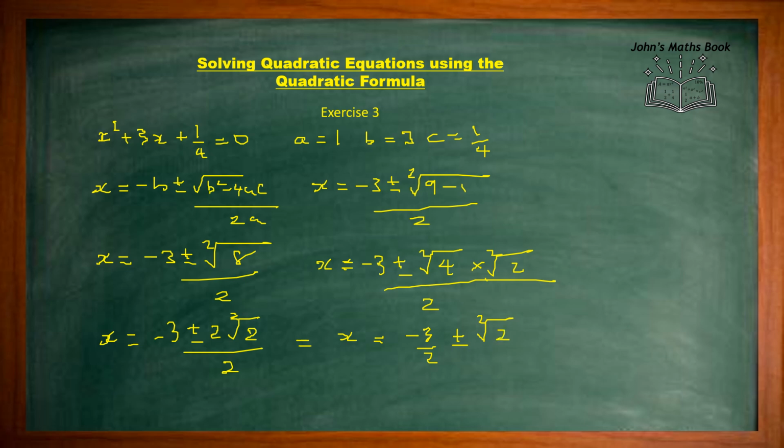So therefore we have our two values of x. x is equal to minus 3 divided by 2 plus the square root of 2, and x is equal to minus 3 divided by 2 minus the square root of 2.